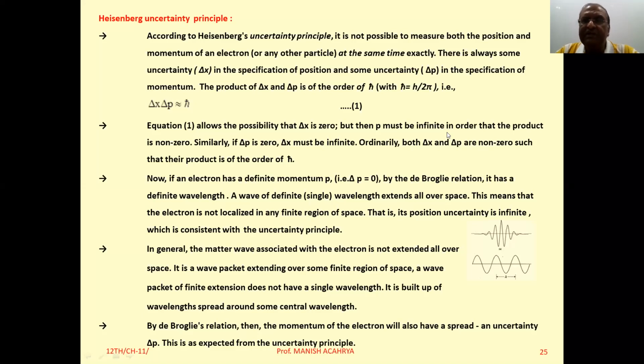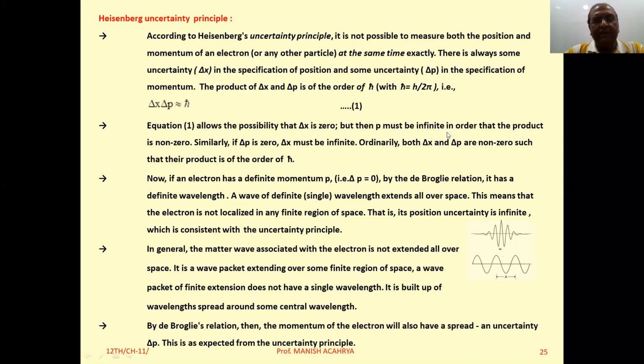It means position and momentum cannot both be exactly decided simultaneously. There is uncertainty in position if momentum is finite, and if position is fixed, then momentum is uncertain. This is Heisenberg's uncertainty principle.